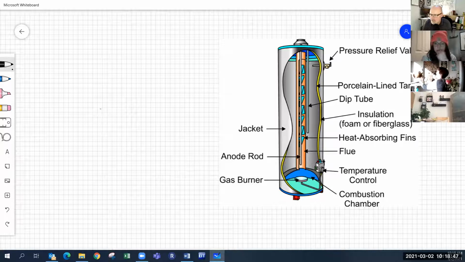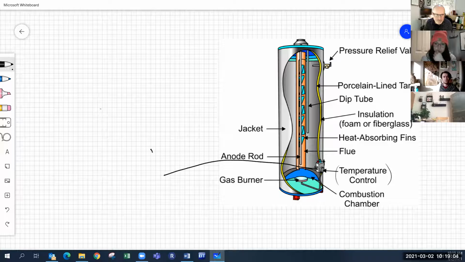That is the gas control valve, or they call it here temperature control. We're going to talk about that control and how it works later on. But what I want to get to: if I put a gas line in here, and I put in 1 cubic foot of gas into this hot water tank.